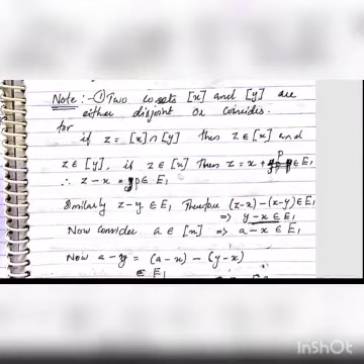Now if z belongs to coset [x], then z is equal to x plus p, where p belongs to E1, and therefore z minus x is equal to p, which belongs to E1. Similarly, z minus y also belongs to E1. Therefore, (z minus x) minus (z minus y) also belongs to E1, which implies y minus x belongs to E1.